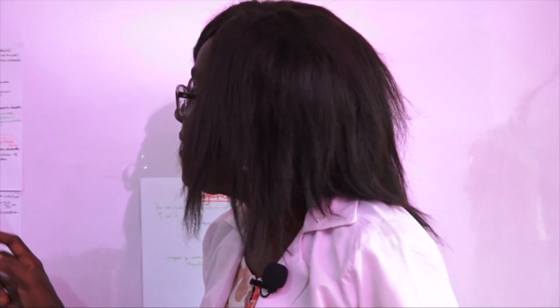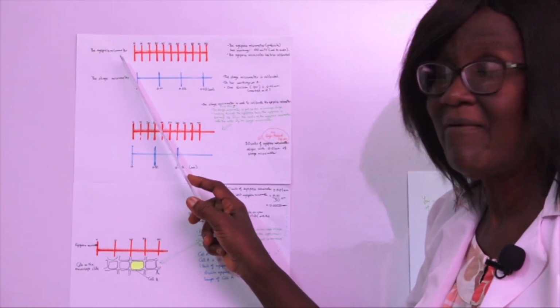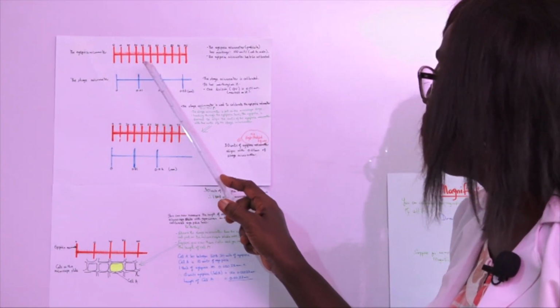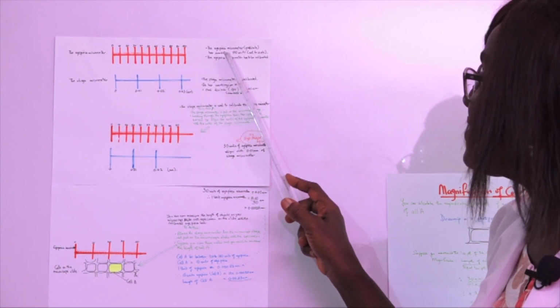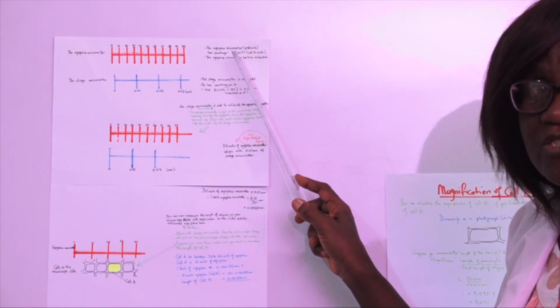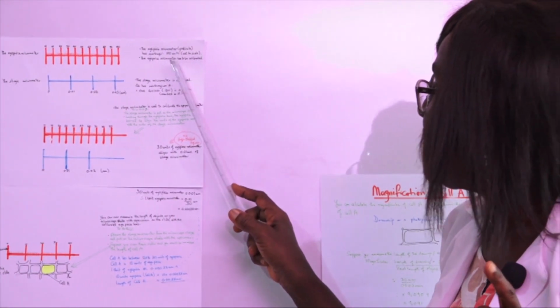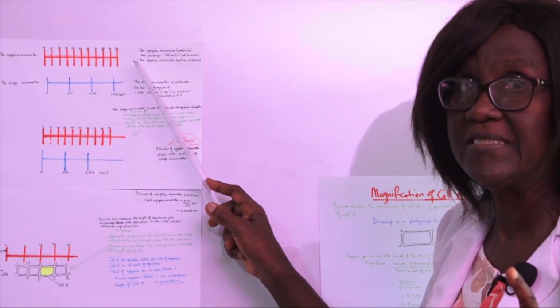The eyepiece micrometer has units on it, graduated into 100 units, but not to scale. It's not calibrated. It needs to be calibrated.